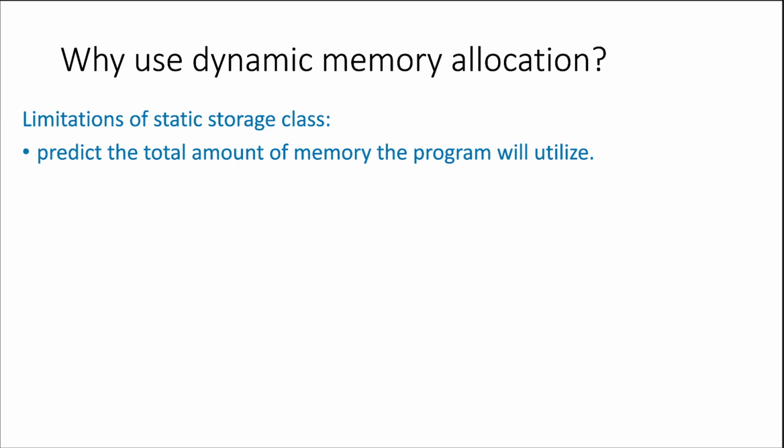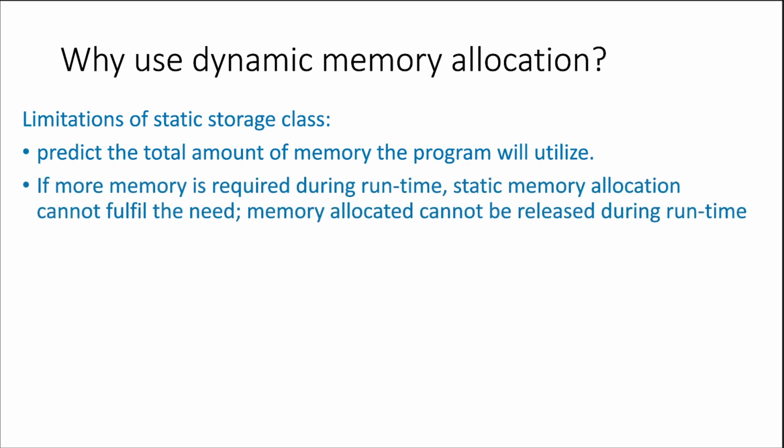Why you may underutilize? Because prediction of the total amount of memory may not be possible. Why can we not predict the total memory required? It depends on the program. Lots of programs have memory requirements that depend on the user's input. The user may input 10 customers' information or 100, or the customer may buy 100 items or 10 items.